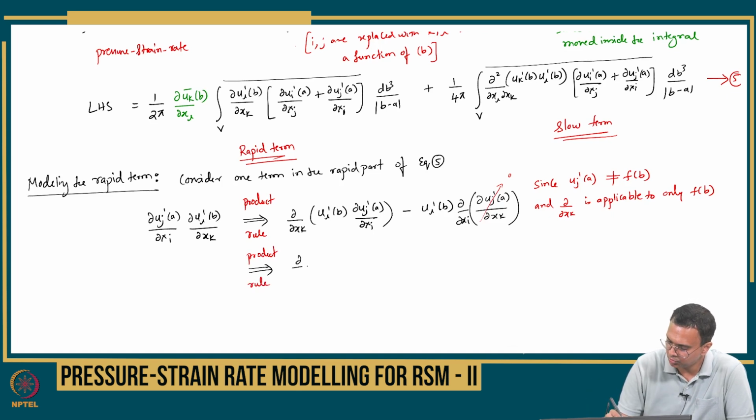Using the product rule again, I would get dou by dou xk of, I am going to push this dou ul prime of B inside the derivative using the product rule. So I would get dou by dou xi of ul prime of B uj prime of A, minus uj prime of A dou ul prime of B by dou xi.